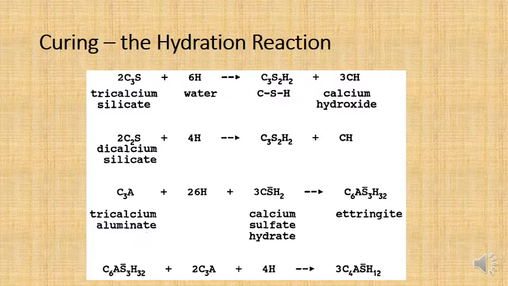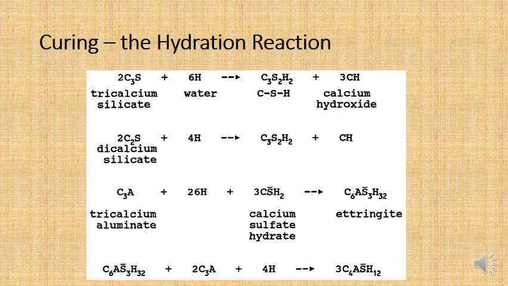That's going to form CSH, which is basically a hydrated calcium silicate. And then it will also have a calcium hydroxide, CH. Now the calcium hydroxide, you should know, that's a gas. That's going to evaporate. It's going to leave the concrete or the cement.